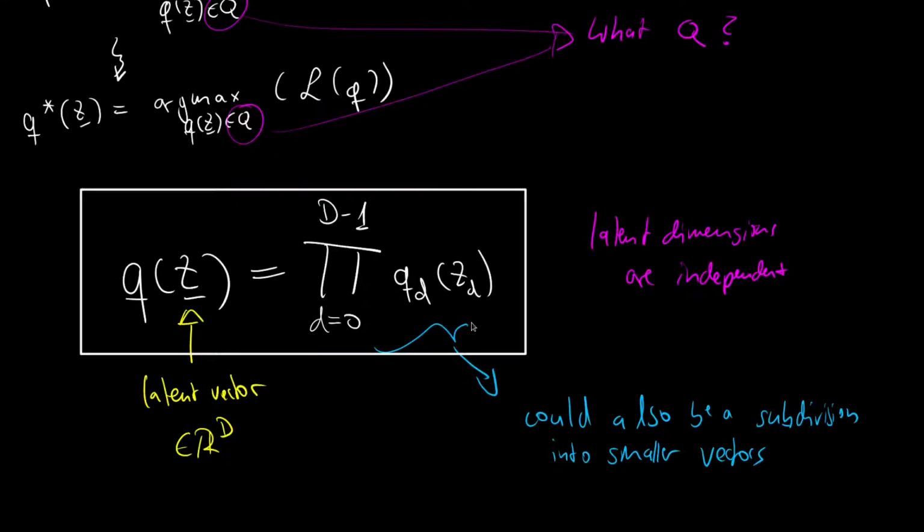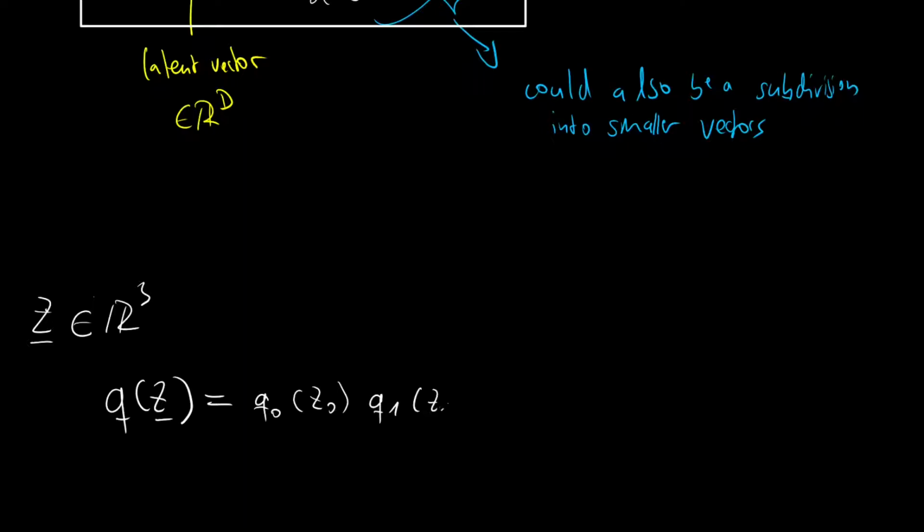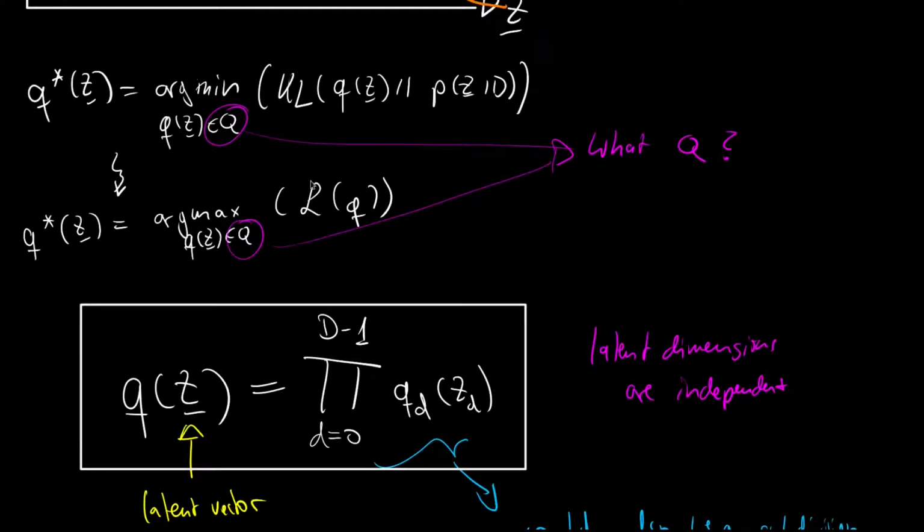And for the following derivations, we will look at an example of a latent vector from a 3-dimensional space. So let z vector be from R^3. And this then of course means that our q of z can be subdivided into a q0 of z0 times a q1 of z1 times a q2 of z2. Then let us recall that the q of z that we want to find here is associated with the maximum ELBO.